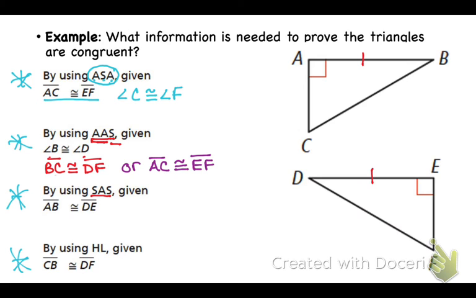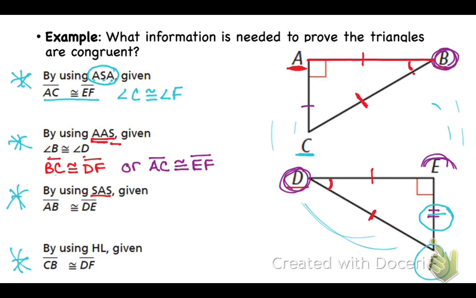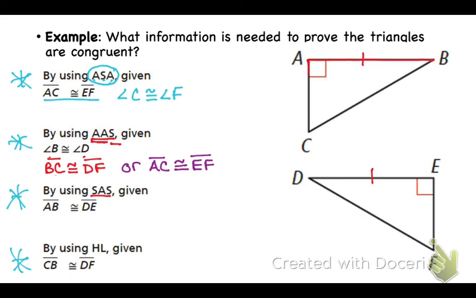So I have AB, I have angle A, so I need what side? AC. And then EF. I need AC, and I need EF. Is this an or situation? No. There is only one answer here. There are not very many of them that will have an or situation, so don't be looking for it. Got me?